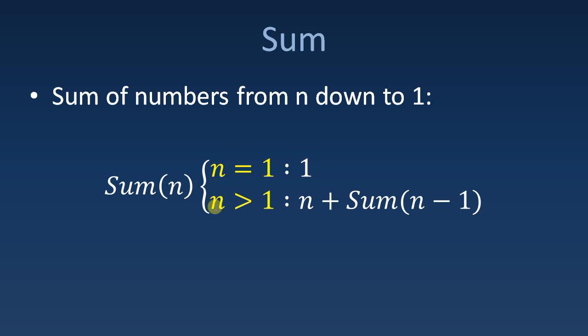If it's bigger, well, the way I can figure out the sum is to take the current number plus the sum of everything less. How do I do the sum of 3 down to 1? Well, I take 3 plus whatever 2 and 1 are. Well, how do I do 2? Well, I do 2 plus whatever 1 is. How do I do 1? Oh, well, that's defined for us. We know that's 1.